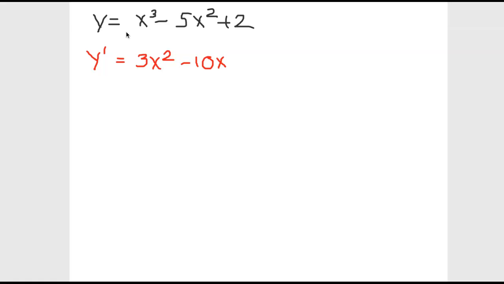Derivative of 2 is 0. But now we don't stop with the first derivative, we take the second derivative, which is the derivative of the derivative. So the derivative of 3x squared is 3 times 2, which is 6x. Derivative of 10x is 10. So you get 6x minus 10.